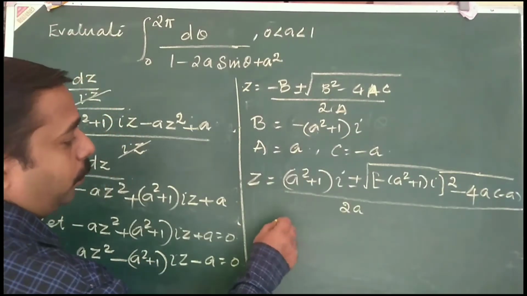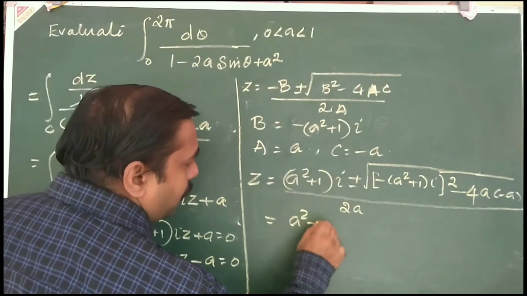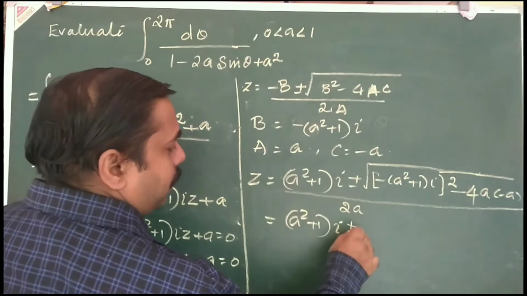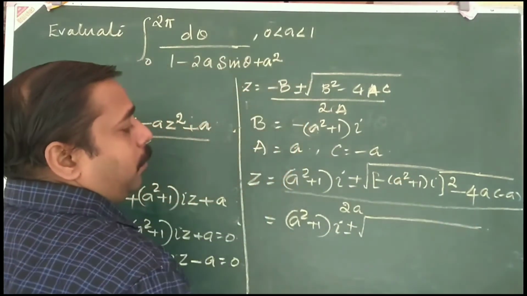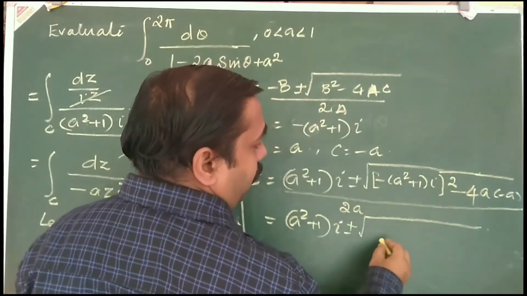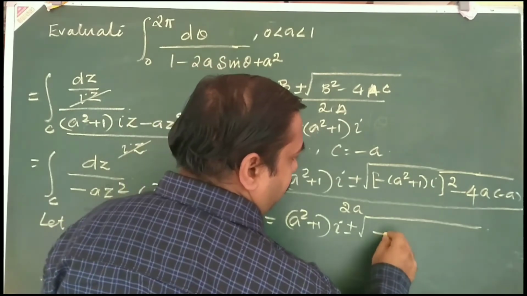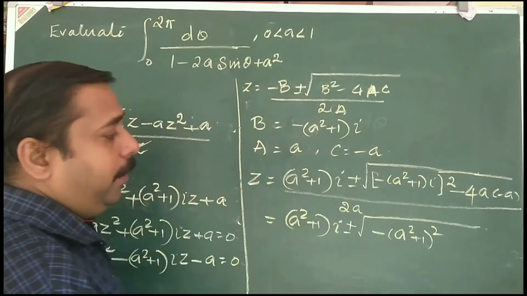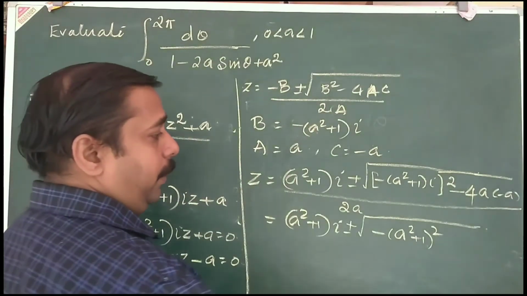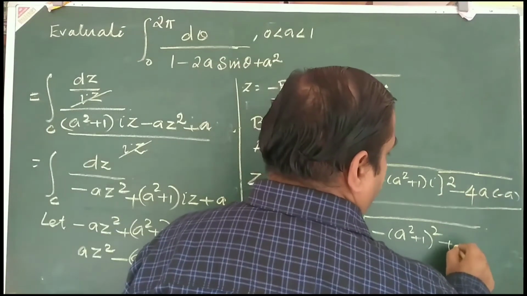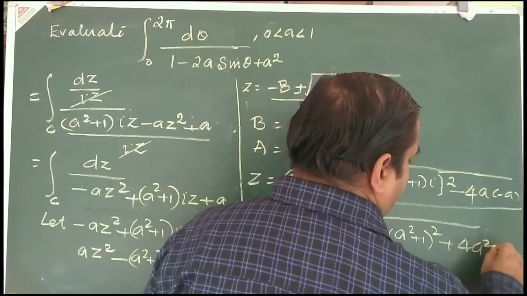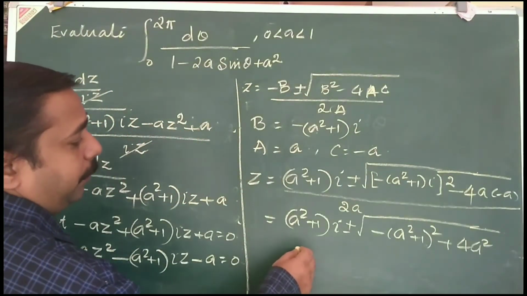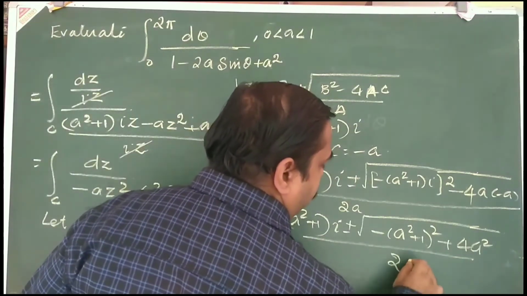So this is equal to a square plus 1 into I plus or minus root of the whole square. Here minus square is equal to plus, I square value is equal to minus 1, that is minus a square plus 1 the whole square, minus into minus plus, that is equal to plus 4a square. So this is whole divided by 2a.